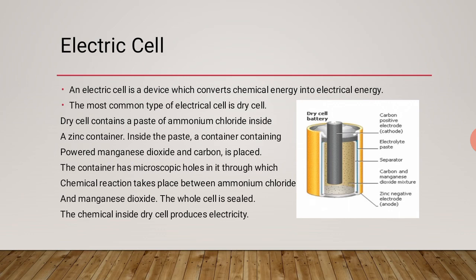It means it is a packed cell. The chemical inside the dry cell is responsible for the production of electricity. See the given diagram of a dry cell that contains ammonium chloride, manganese dioxide and a zinc-coated container. Next slide.